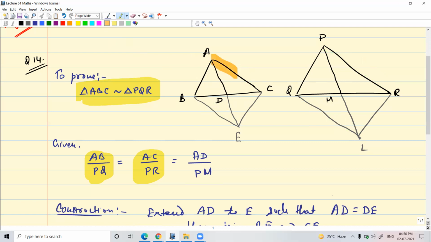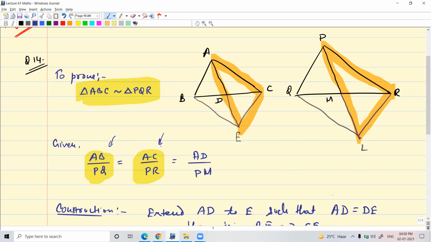Yes, sir. So to prove that triangle ACE is similar to triangle PRL, we can take the other opposite sides. AB is equal to CE and PQ is equal to RL. Hold on, Kavya. One minute. So your strategy is that you want to prove ACE is similar to PRL. Is that right? Yes, sir. Okay. How do you do that? Tell me. We have already been given the ratio AB by PQ is equal to AC by PR.